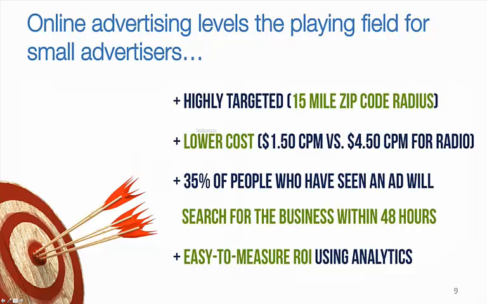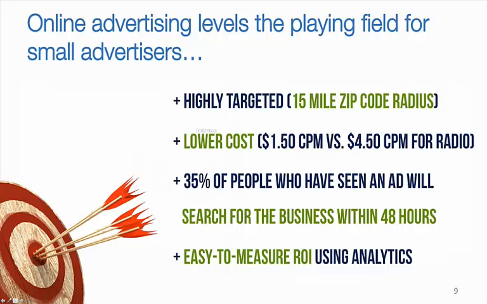So you now have this ability to really hone in your targeting and make sure that you're not wasting dollars by spending money on advertising that's being shown to people outside of your market. Most local businesses do the far majority of business with customers within 15, 20 minutes, or maybe an hour of their business. Online advertising now allows you to target that way as well.